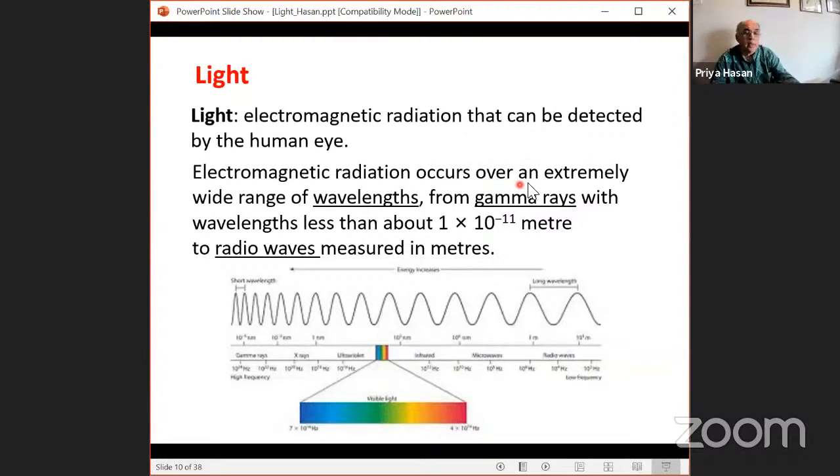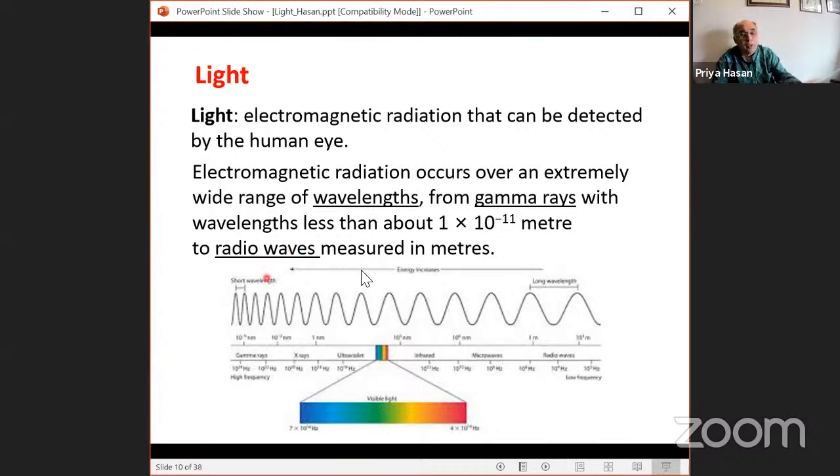And electromagnetic radiation occurs over an extremely wide range of wavelengths, from gamma rays, whose wavelengths are very small, about 10 to the power of minus 11 meters, right? 0.1 is 10 to the power of minus 1, 10 to the power of minus 2 is 0.01. So 10 to the power of minus 11 is 0.000, ten zeros and 1. Right? So extremely small wavelength.